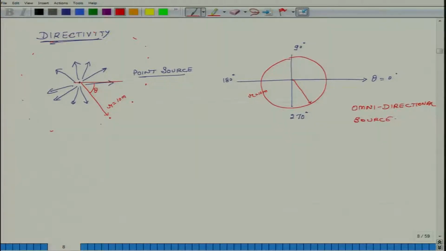But you can have a different type of source. Suppose you have a source which is a horn. It is not a point source. What will the directivity of this be like?